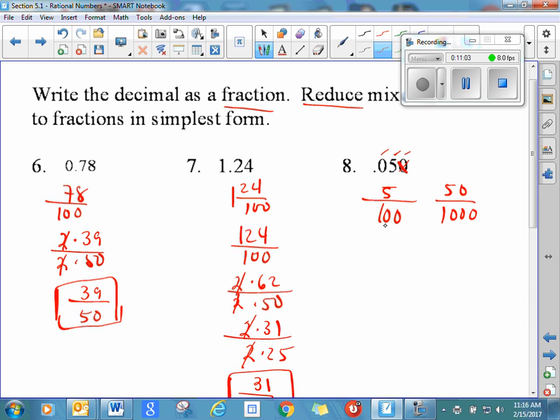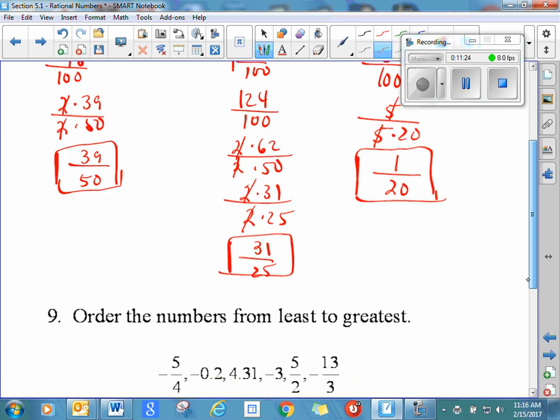So 5 goes into 100 20 times. So actually, we can write this as 5 over 5 times 20. And when your numerator cancels entirely out, you have to add the ghostly 1. If you just write 20 as your answer, that's incorrect. It's 1 over 20.